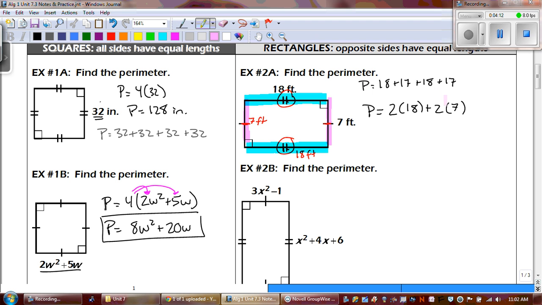So do you see where those numbers came from? That's where 7 came from, and 18 is from my sides. Okay? And when we multiply, 2 times 18 is 36. 2 times 7 is 14. And then we get our perimeter is 50 feet.